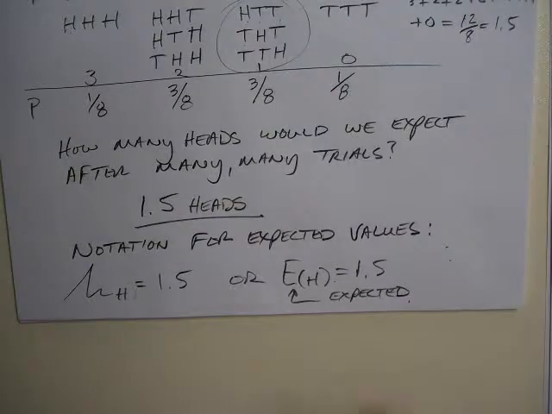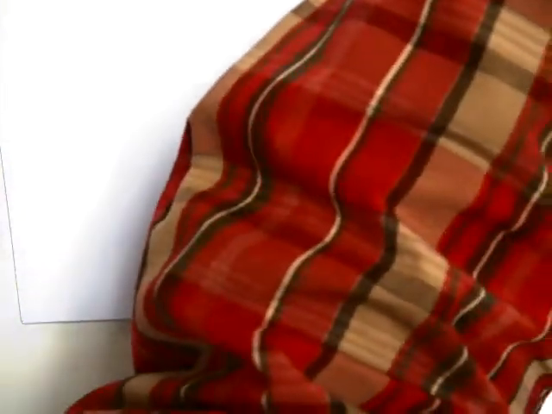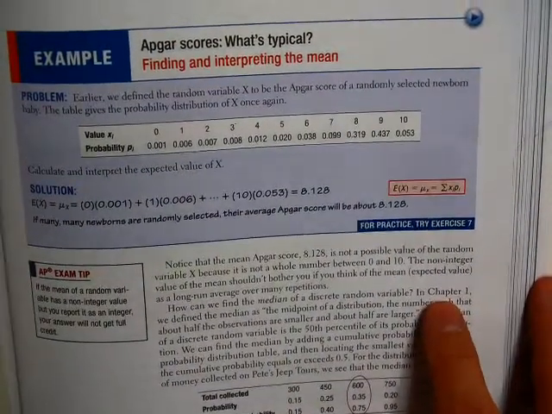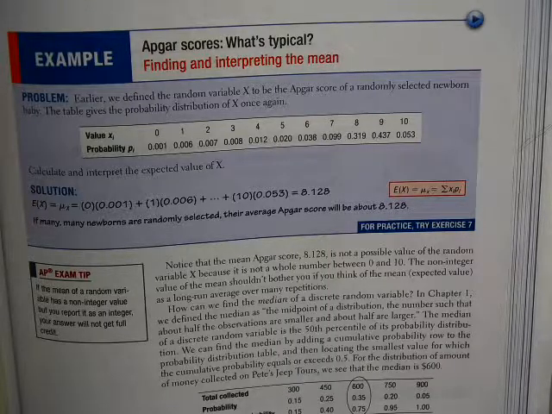Okay. So let's look at an example. There's an example in the book. If you're lucky, you won't have to put these numbers in, but it's not all that big. It's talking about APGAR scores. An APGAR score is a score that newborns are given in regard to health.